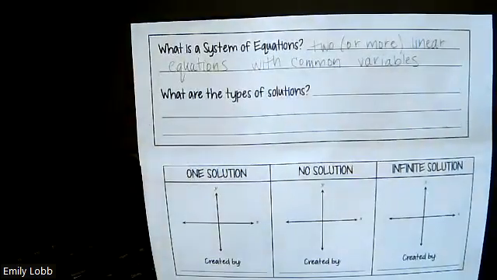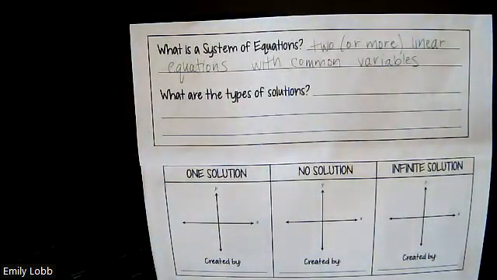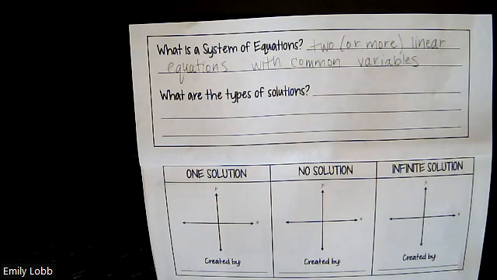So anytime there's 2 of the same unknowns, that's what that is, right? What are the types of solutions?